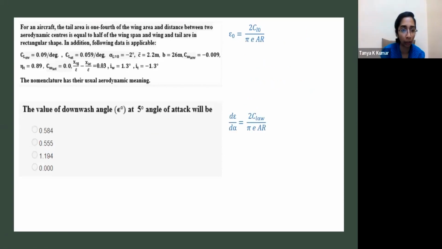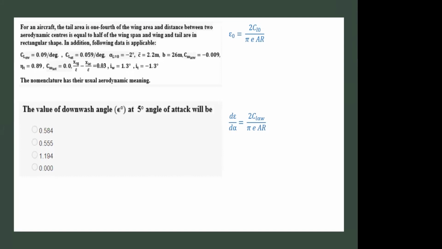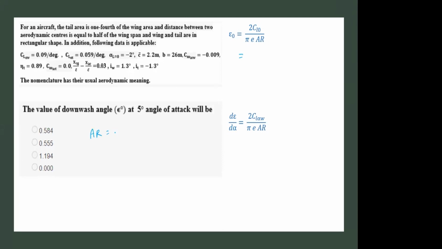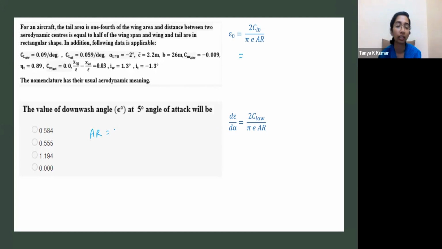Next question is the value of the downwash angle at 5 degree angle of attack. What will it be? So what is the aspect ratio's formula?